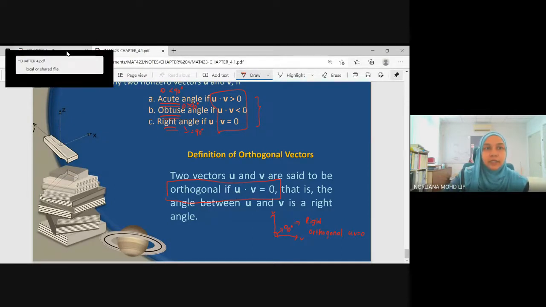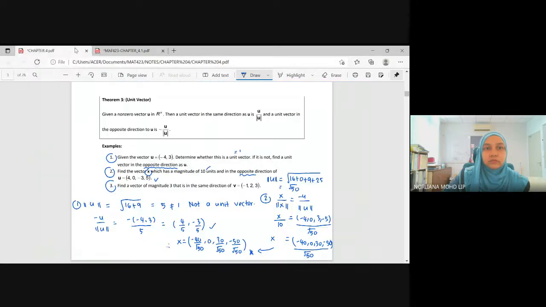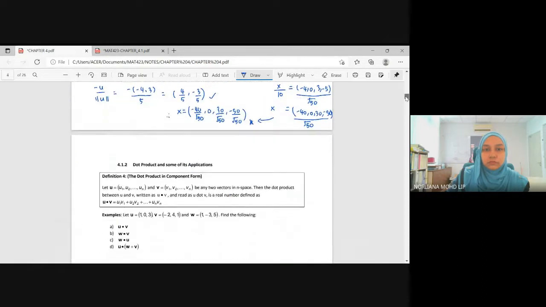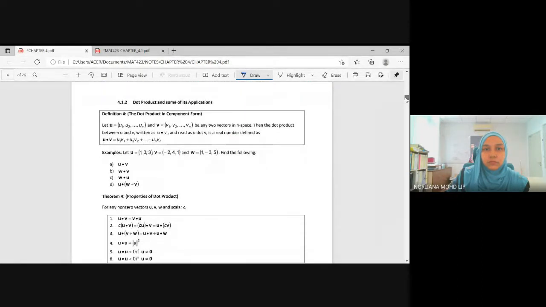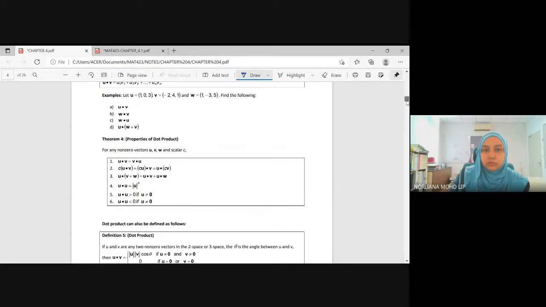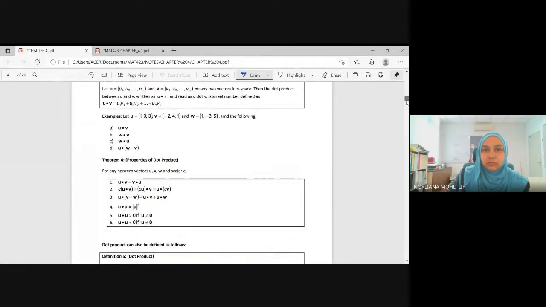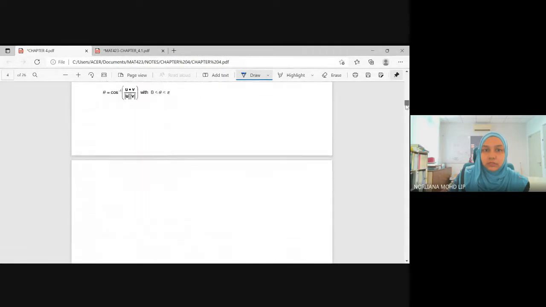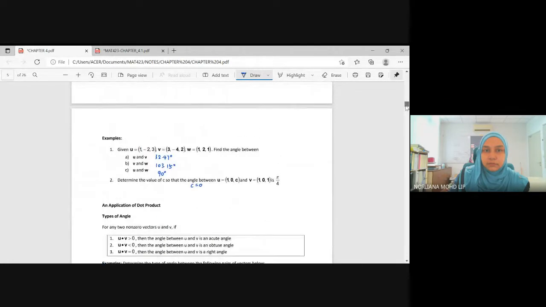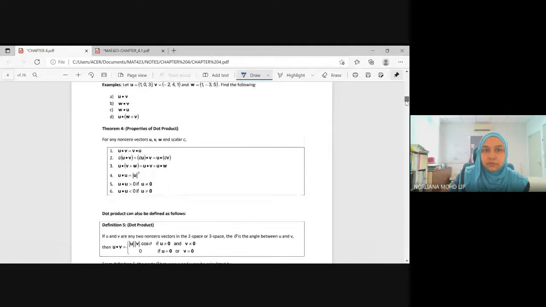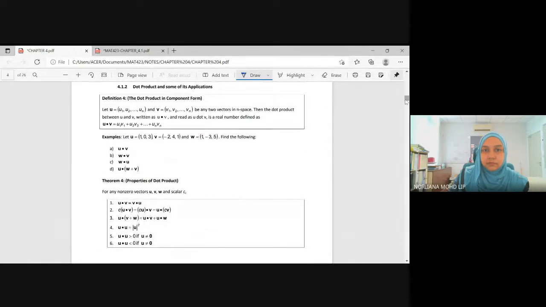Okay, now we look at examples. The dot product and its application. Find the dot product of this.